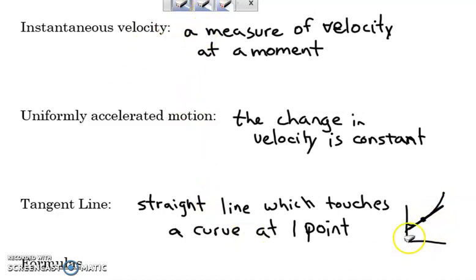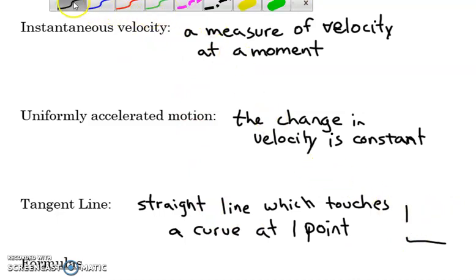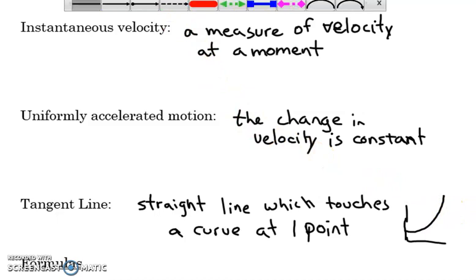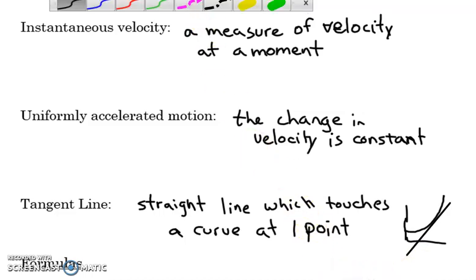My diagram is not really great there, so I'm going to redraw that to make it easier to see. There's my line, and it only touches at one point right there. Here is my tangent point.